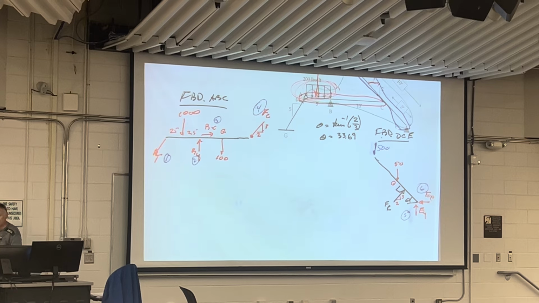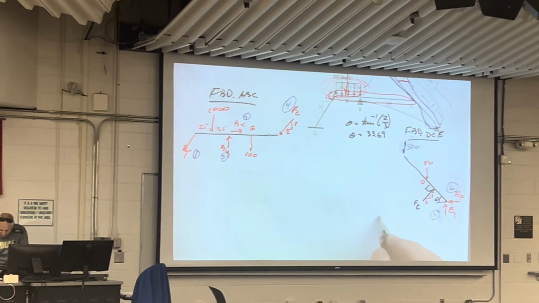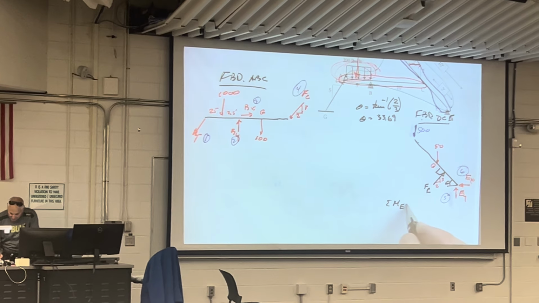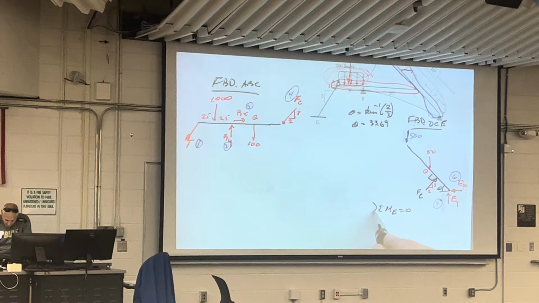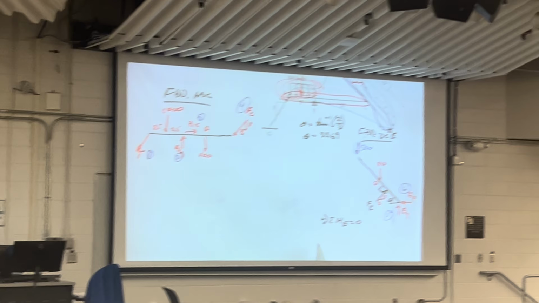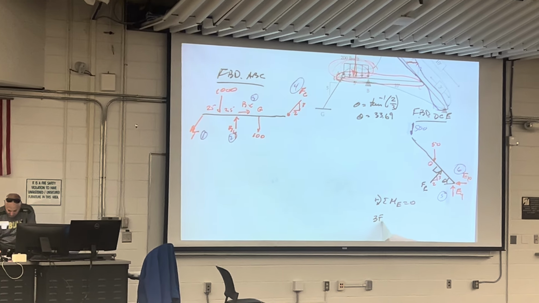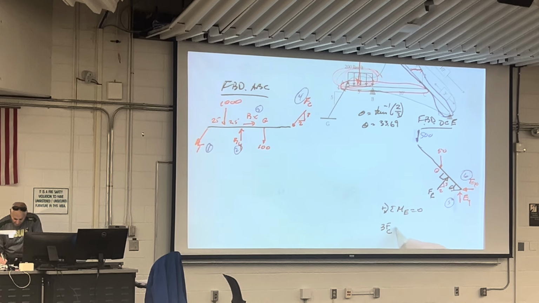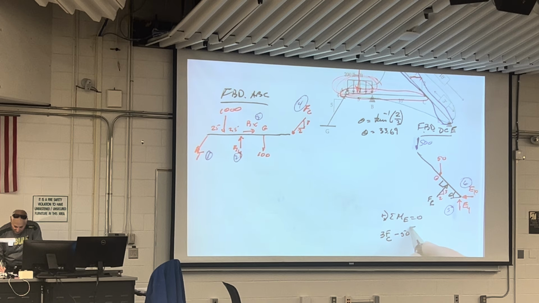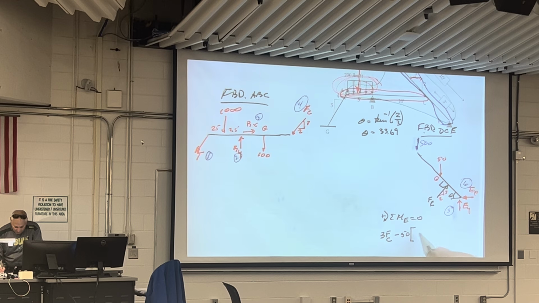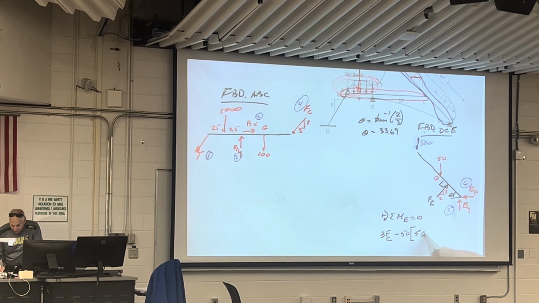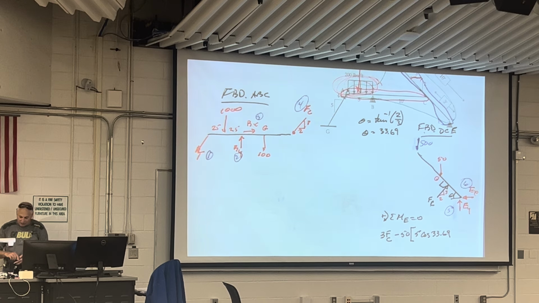What am I going to do first? Moment where? Yep, beautiful answer. Sum of moments at E equals 0. Clockwise, positive. That's 3 times FC minus 50 times 5 cosine 33.69. And you say, how did you do that? Well, here's its line of action.